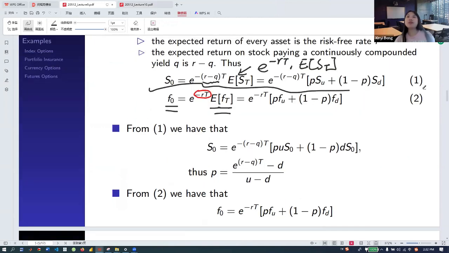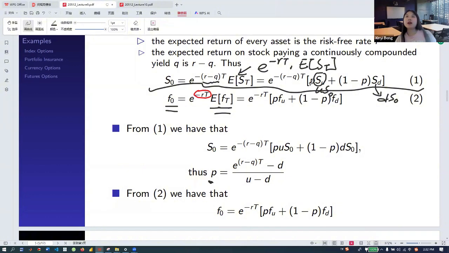With this new version of the first equation, we can derive the new risk neutral probability. Recall that we express Su as u times S0 and Sd as d times S0, where u is greater than 1 and d is smaller than 1.